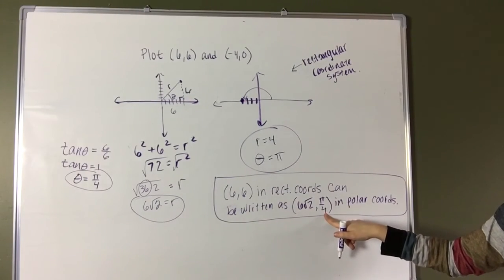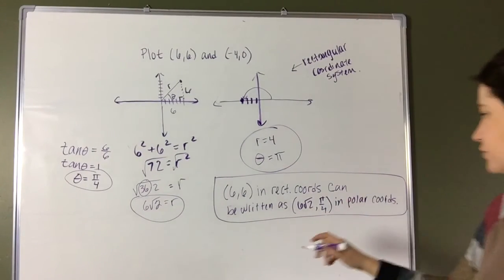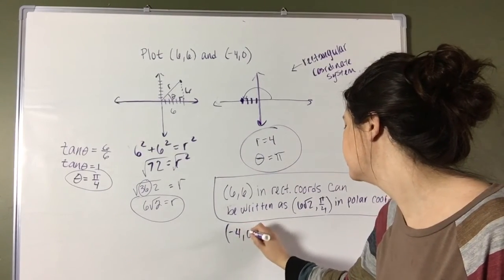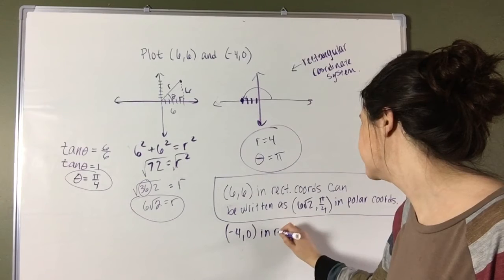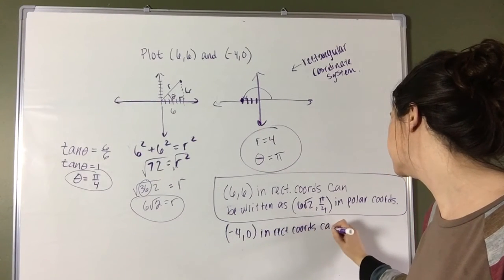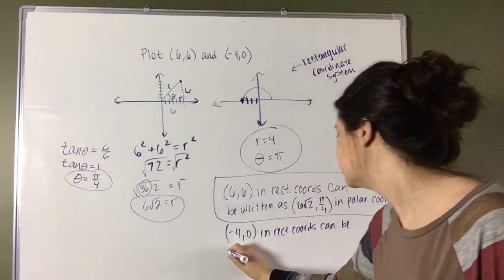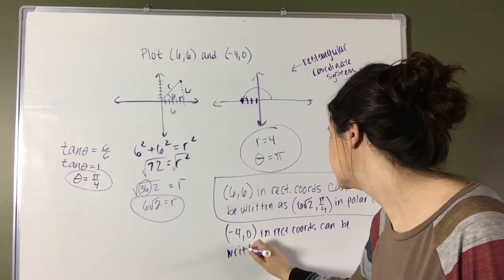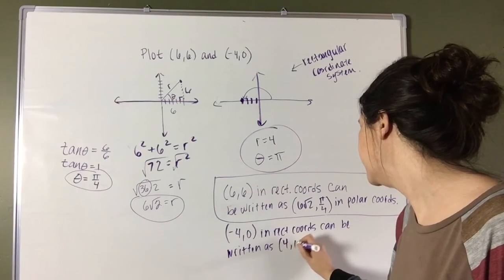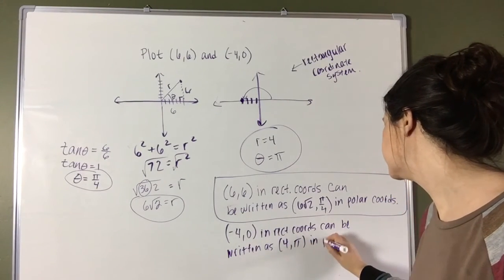And then we have one more result that we got: (-4, 0) in rectangular coordinates can be written as (4, pi) in polar coordinates.